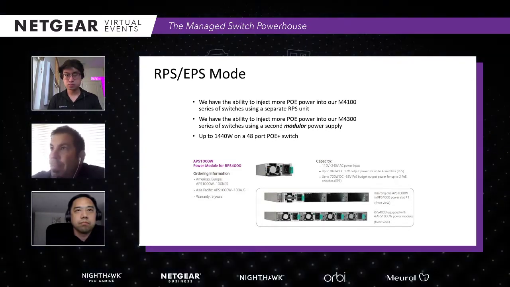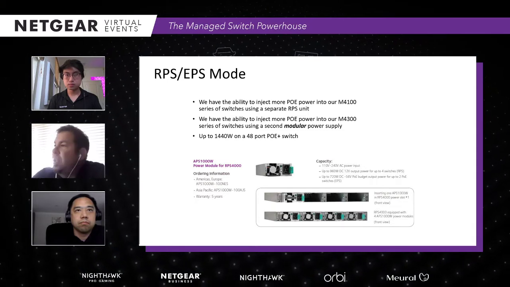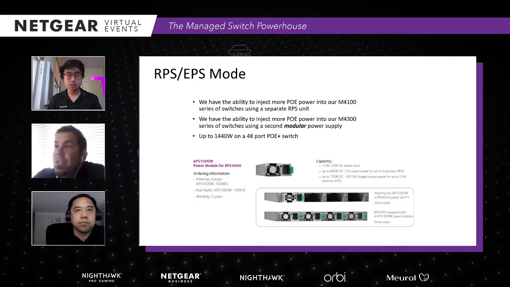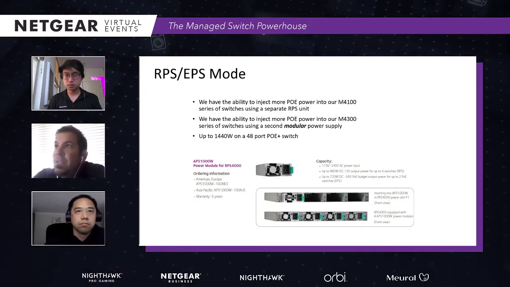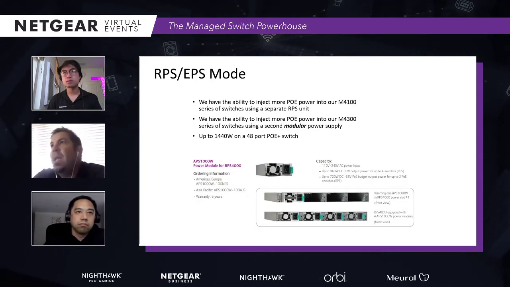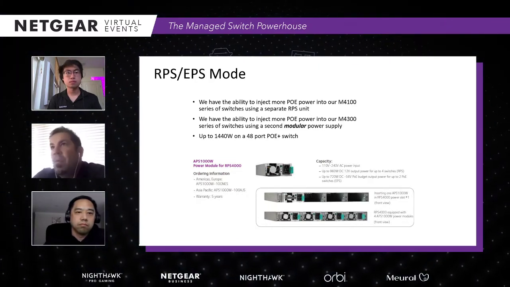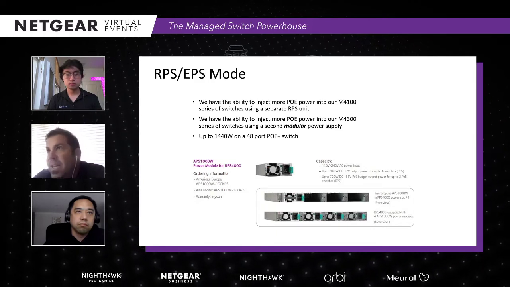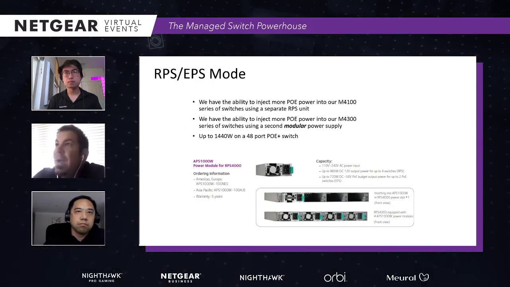Now, wait a second, it's a 24-port PoE+ switch, and each port can go up to 30 watts. Well, we start doing the math, and hey, wait a minute, if I want 30 watts on all 24 ports simultaneously, I need 720 watts of PoE power, but I'm only getting 190.